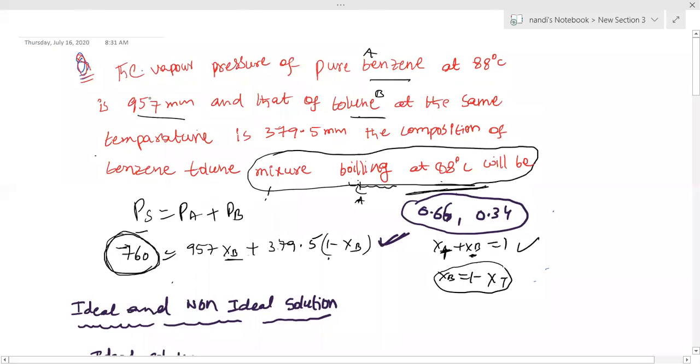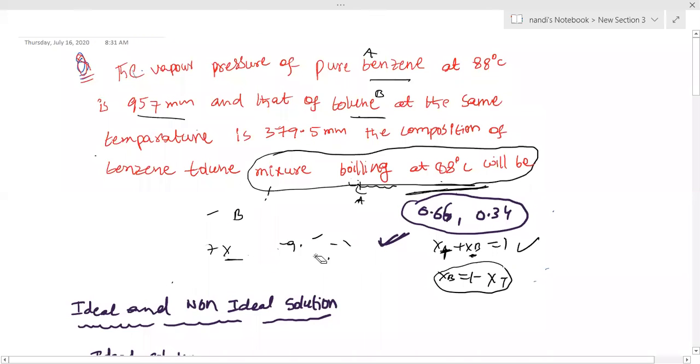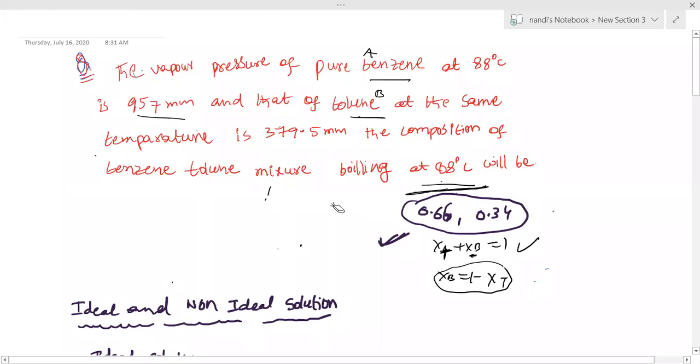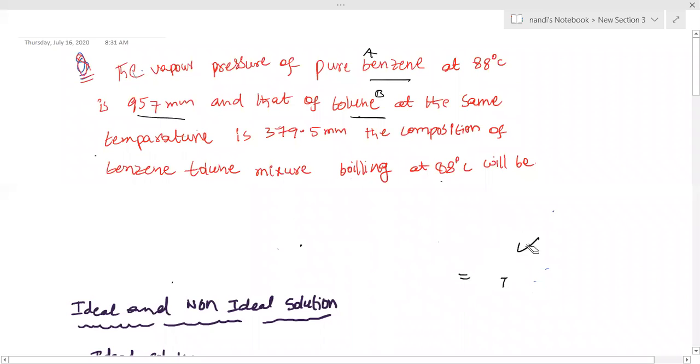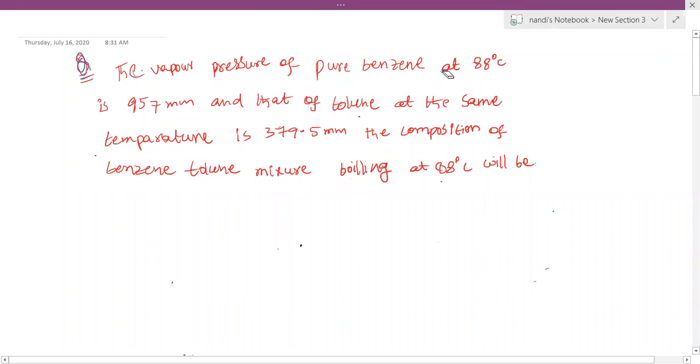Is it completed? Okay, try this problem.